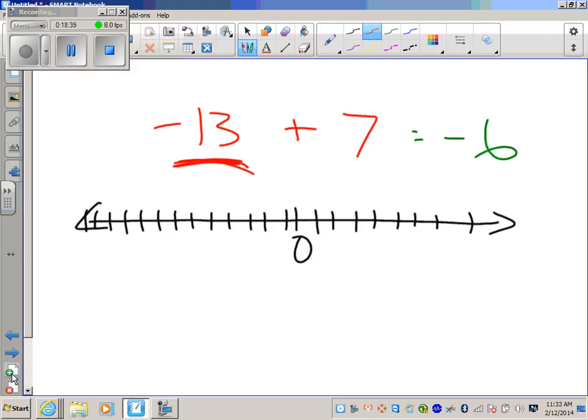So if I got a number line in front of me, Frank, and I start at -13, which is all the way over here, and I'm going to add 7, which direction am I going to go on my number line? To the right. So 1, 2, 3, 4, 5, 6, 7. Where is this? -1, -2, -3, -4, -5, -6.